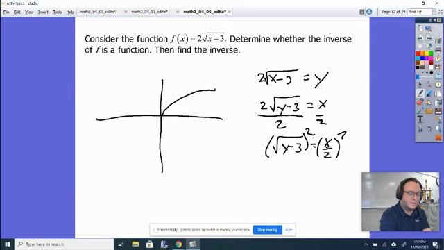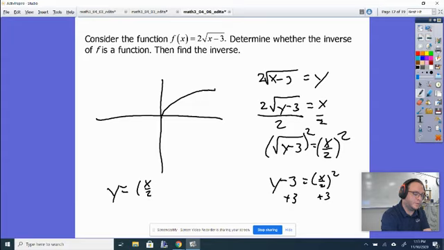Squared, squared. y minus 3 equals x over 2 quantity squared, plus 3, plus 3. So then y is equal to x over 2 quantity squared plus 3. Okay, now hold up a second.